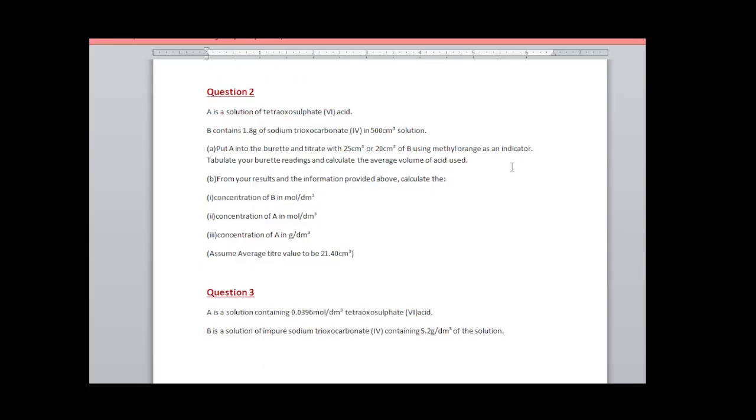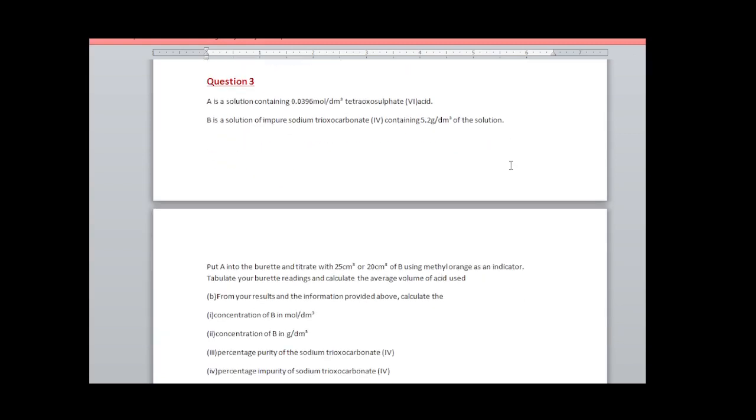So let us go to the third question now. It says A is a solution containing 0.0396 moles per dm cube tetraoxosulfate(VI) acid, while B is a solution of impure sodium trioxocarbonate containing 5.2 grams per dm cube of solution.